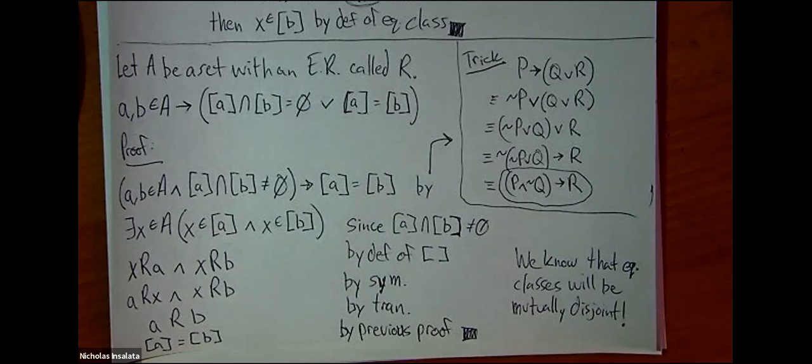Yeah, their union is A. So the only thing that remains is to show, so what we need to show, what remains, is that the union for all a in A of the equivalence classes of a, little a, equals big A.